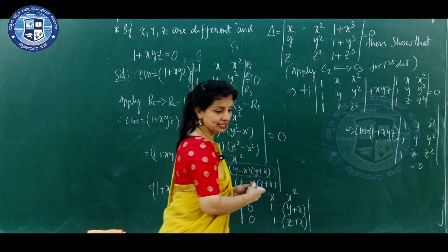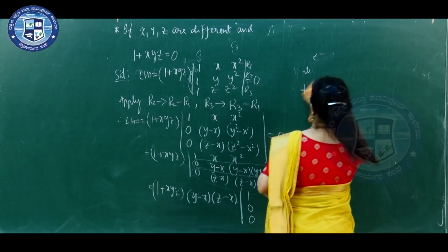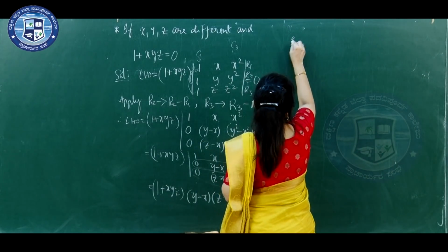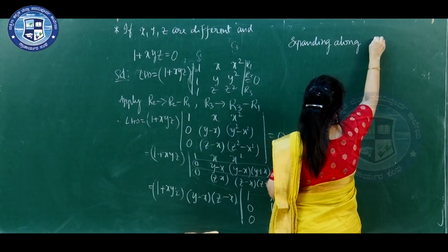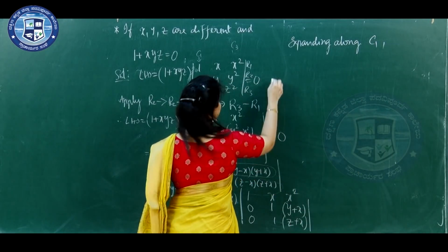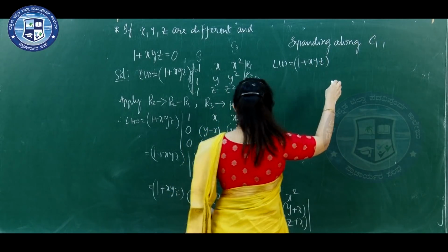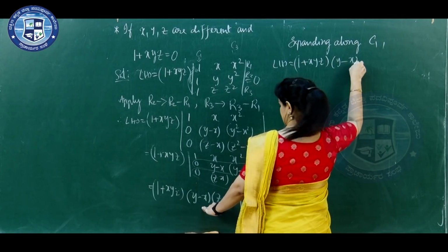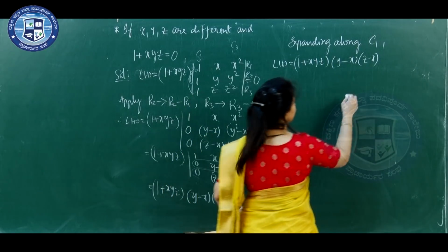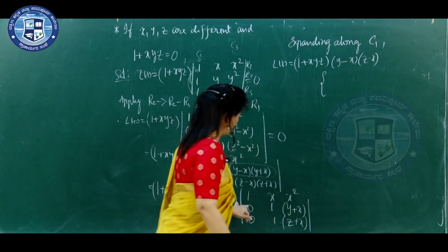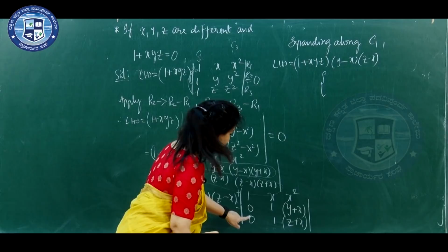What do we get? While expanding along the first column C1, our LHS is 1 plus xyz, and we have y minus x, z minus x into the determinant. When you expand along the first column, the signs are plus minus plus, but only 1 is nonzero, the next 2 elements are zeros.